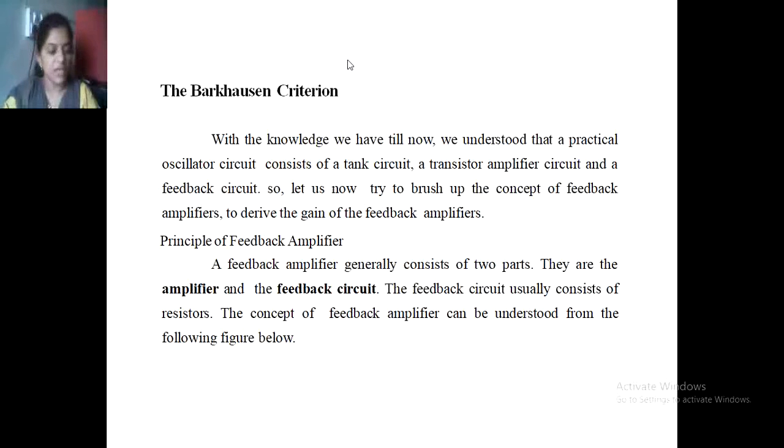Then the next is the Barkhausen criterion. With the knowledge we have till now, we understand that a practical oscillator circuit consists of a tank circuit, a transistor amplifier circuit, and a feedback circuit.